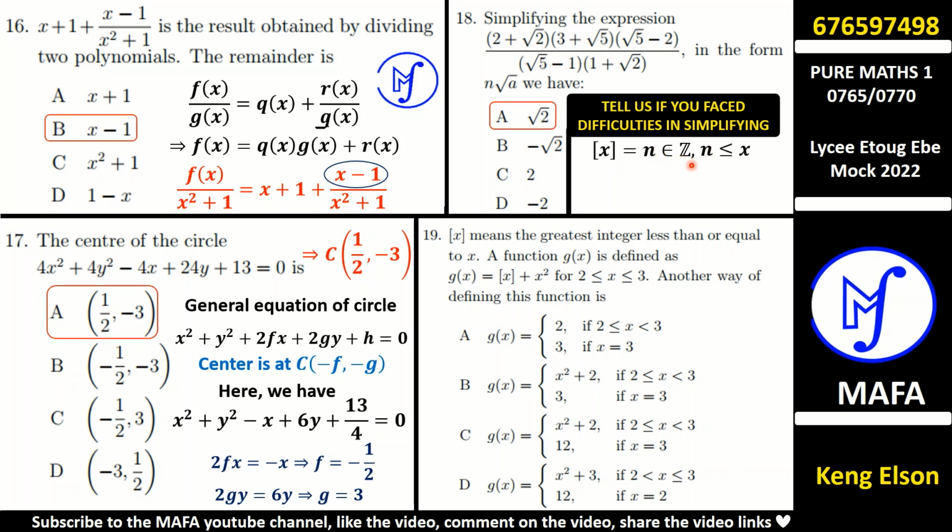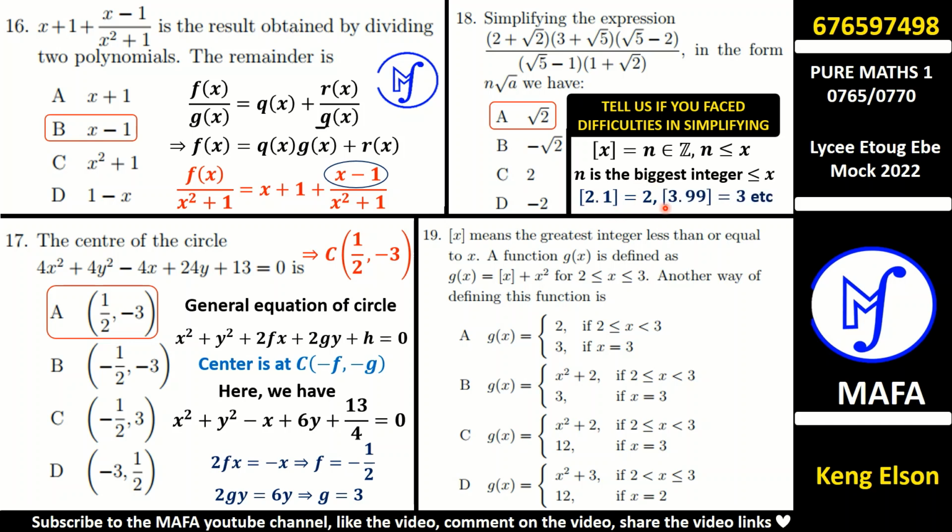Now that integer is supposed to be less than or equal to my input, but it is the greatest integer that is less than or equal to my input, meaning that if I take, for example, the greatest integer of 2.1, the result is supposed to give me the greatest integer that is less than 2.1. There are so many integers that are less than 2.1. Integers are whole numbers. We have 2, we have 1, we have 0, we have negative 1. But the greatest of all those integers is the greatest integer of 2.1, which is 2.